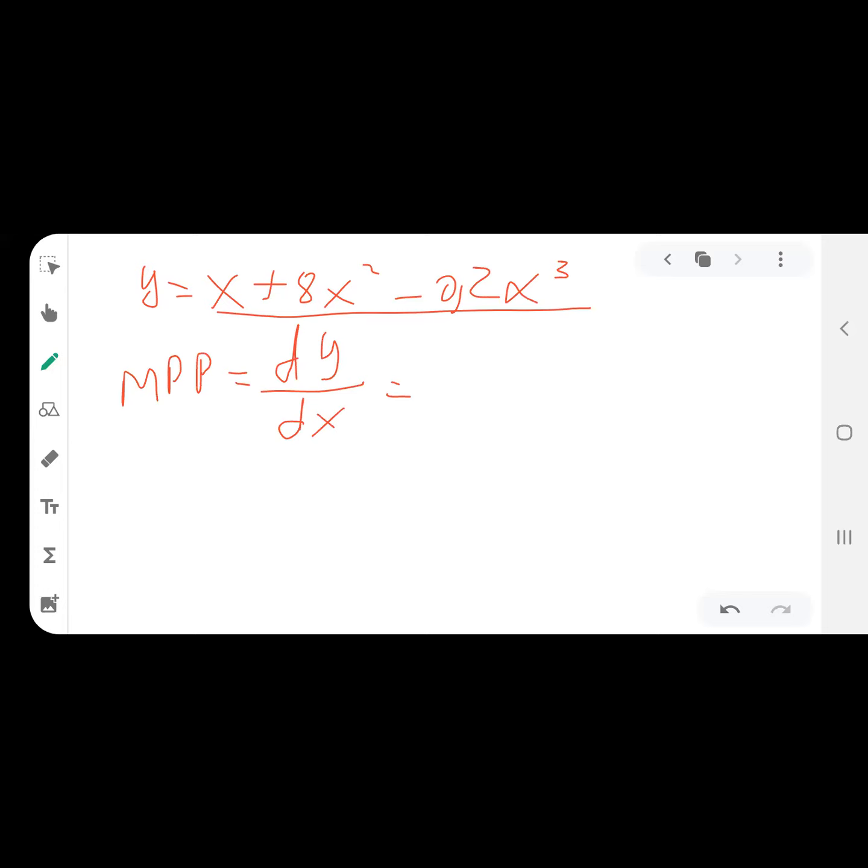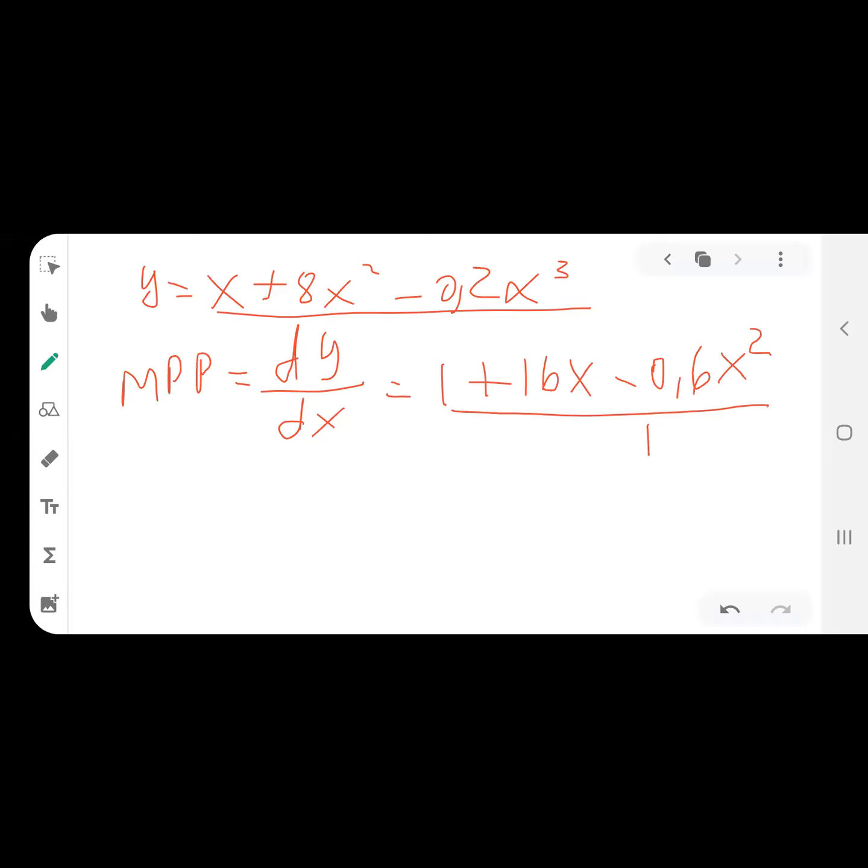What is the derivative of x? It's 1, plus the derivative of 8x squared, 16x, minus the derivative of 0.2x to the power 3, which is 0.6x squared, right?